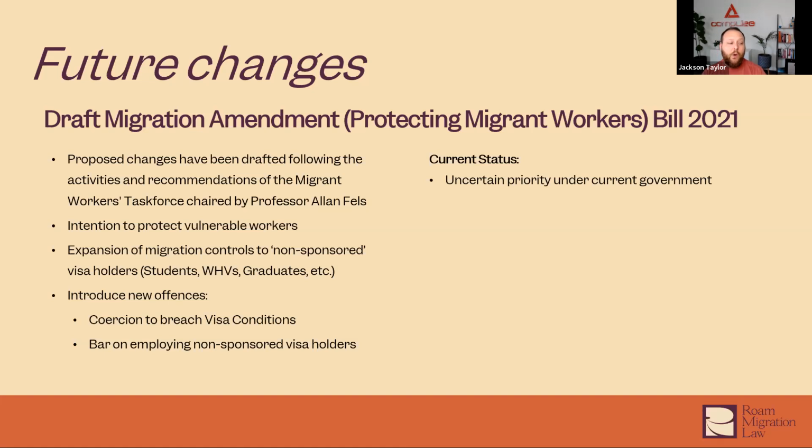So that would be quite devastating from an operational perspective for many organizations to lose access to non-sponsored visa holders, particularly in sectors such as hospitality and retail, where they rely very heavily on student visa holders and working holiday makers.